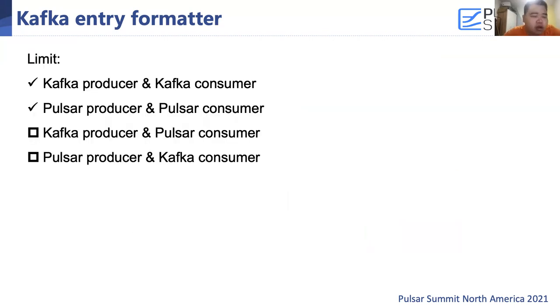So there is a limit: for a topic, we can use the Kafka producer to produce and the Kafka consumer to consume. Also, we can use a Pulsar producer to produce and a Pulsar consumer to consume. However, we cannot use a Kafka producer with a Pulsar consumer, or a Pulsar producer with a Kafka consumer, on the same topic.